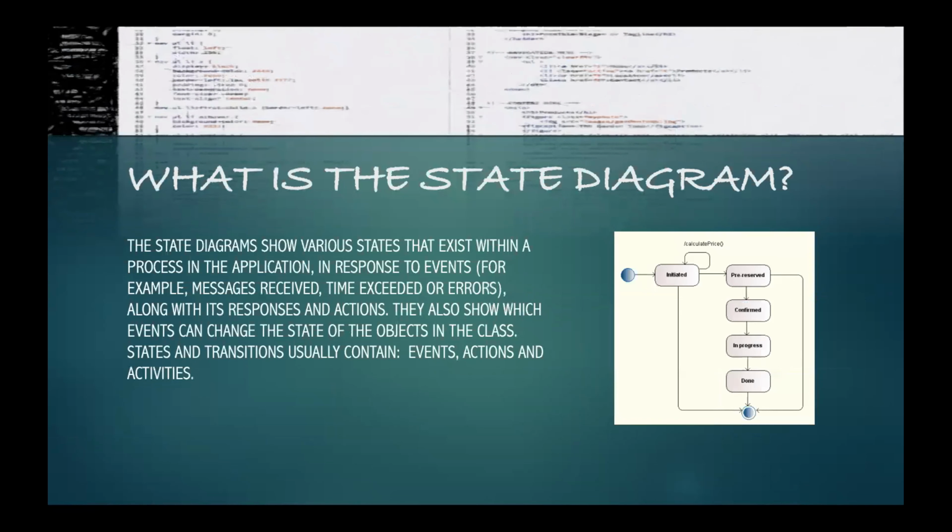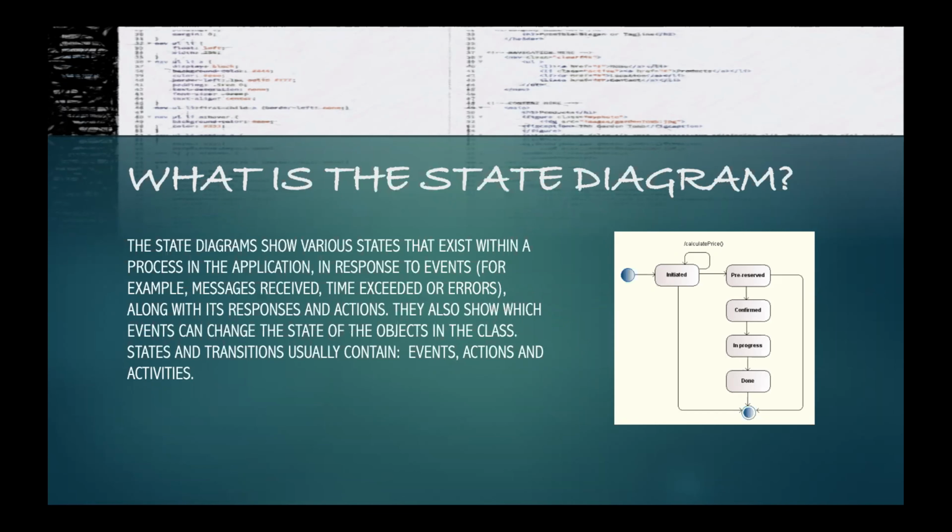For example, a message received, time exited, or any errors in the application, along with the response and action. They also show which event can change the state of the object in the class. State and transition usually contain events, actions, and activities.